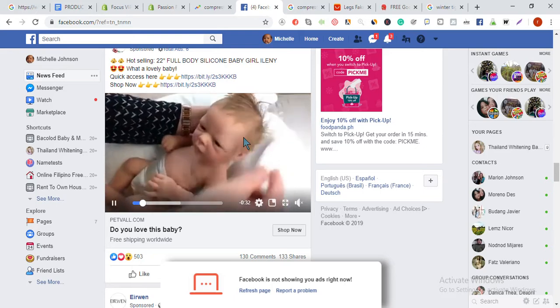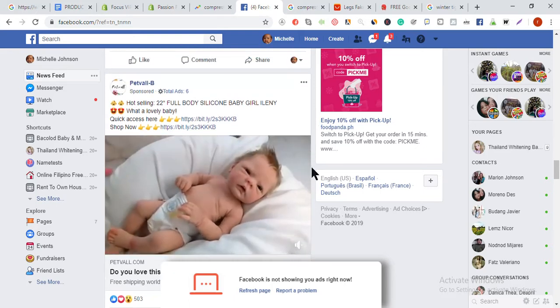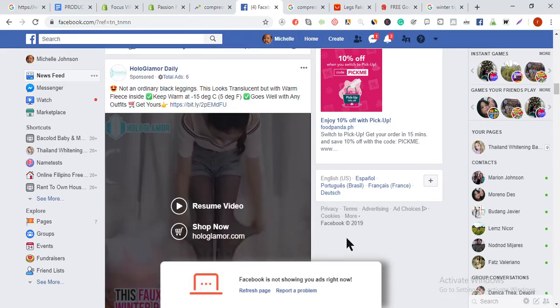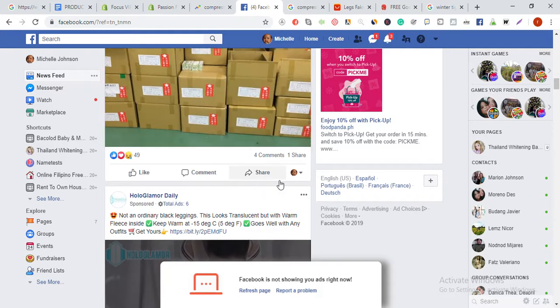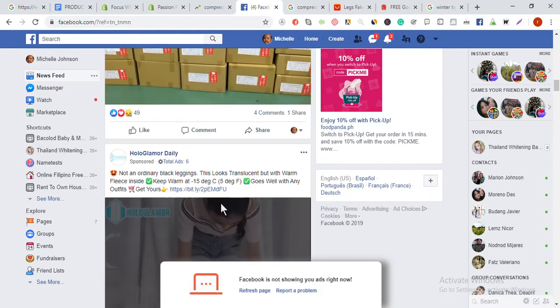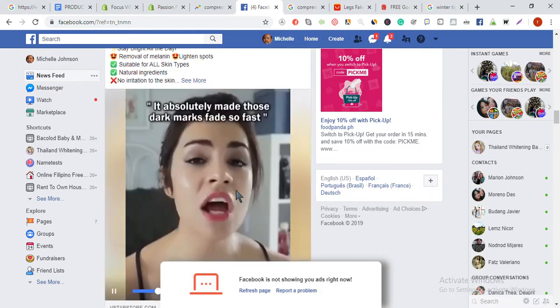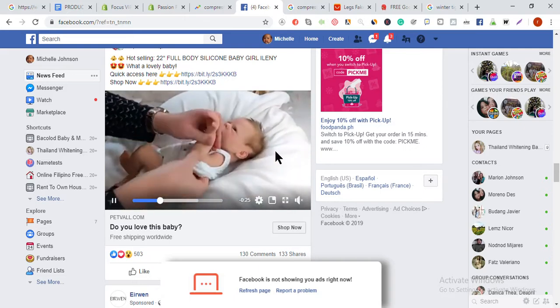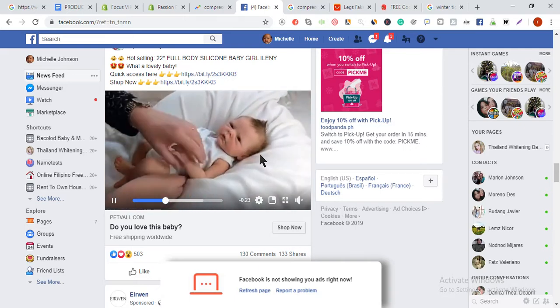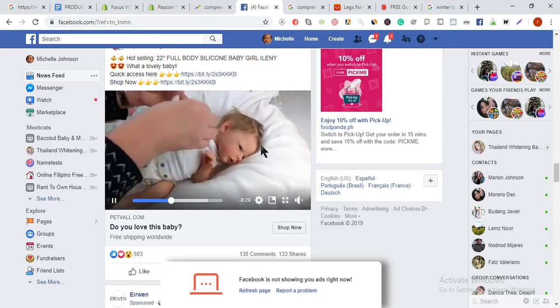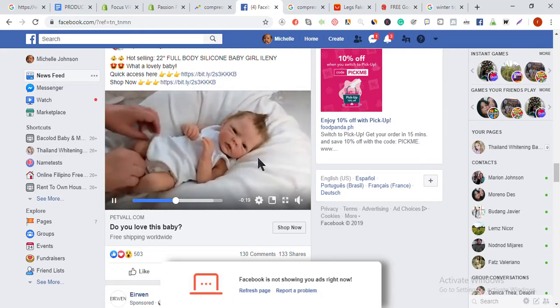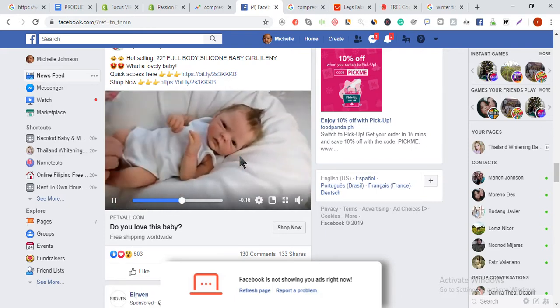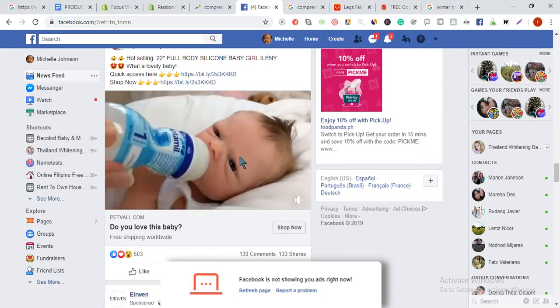This one really looks cute. They call it reborn dolls. Is that a real baby? No, it's not actually a real baby. It's just a doll. I know, it's really cute, right? You know what? I was actually thinking to buy one. Crazy. But for real, me and Reggie were actually talking about this, I think last week.